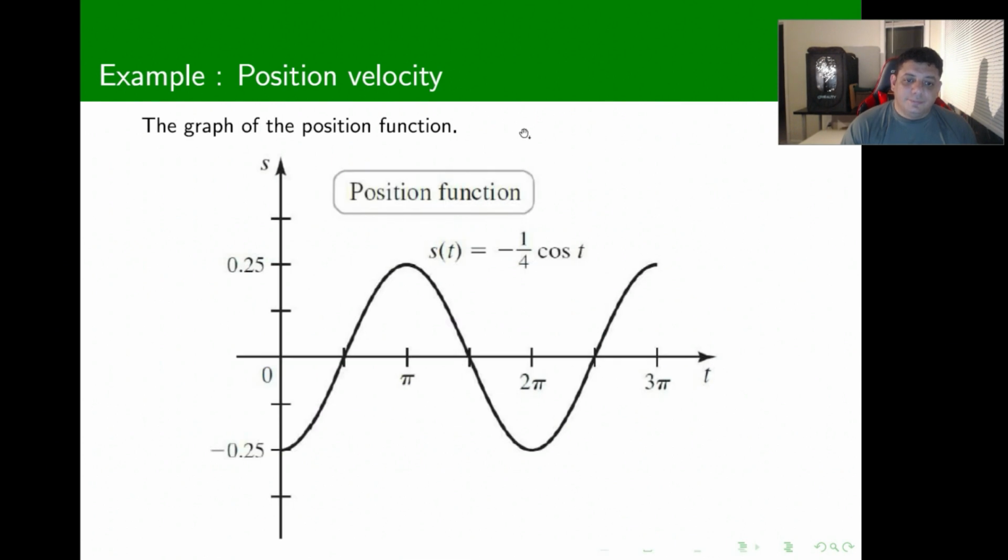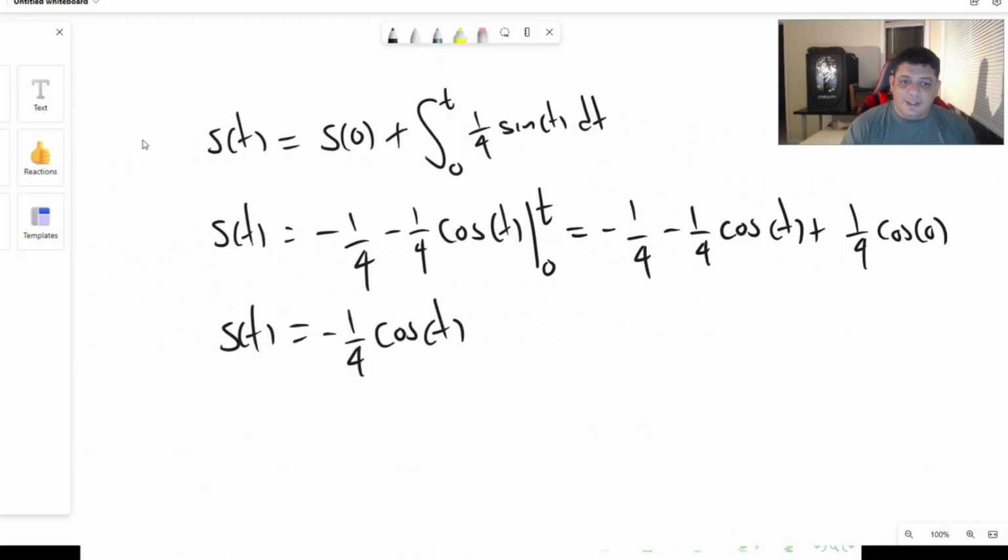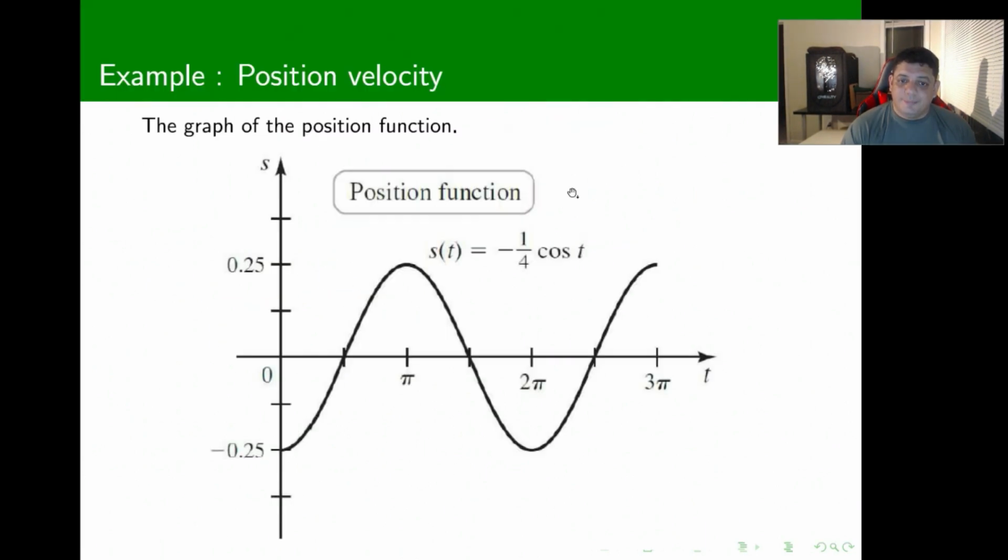And the position function is going to be given by minus 1/4 cosine of t, which is given by this particular graph over here. So essentially the procedure is as I presented here. You just have an integral that is in terms of the initial position and the velocity, and after integrating, you can get a specific function to dictate that.